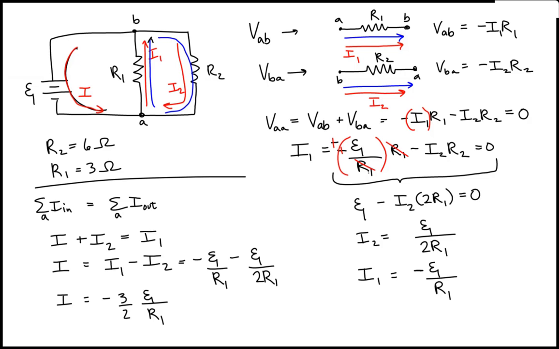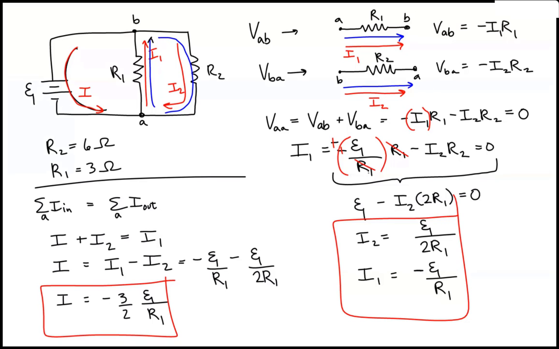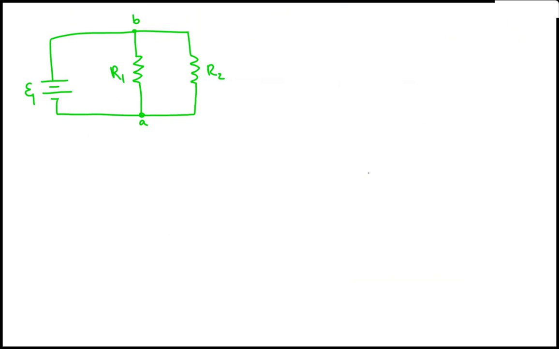So let's look at these now, and let's redraw our circuit with the correct current directions. We found that the current through resistor 1 was opposite the direction we assumed, so the current is actually down, and we can just write that it is the EMF over the resistance of resistor 1.